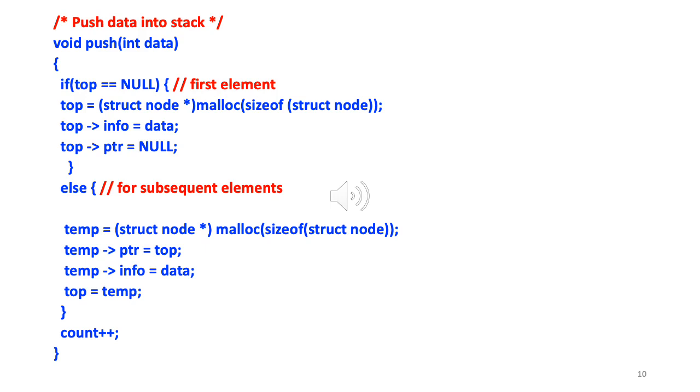So we create a link, temp arrow PTR is top, temp info equal to data, in the new node that we add, fill the info, and then of course the new node that we add will be the new top, so top is temp, and count plus plus. Okay, so this is the code for push.